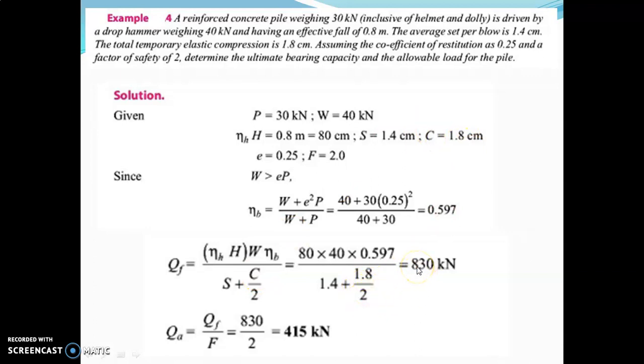So we'll get 830 kilonewton. So Qa, the allowable load, is equal to Qf divided by factor of safety. So that is 830 divided by 2, equal to 415 kilonewton. Like this you can calculate the ultimate bearing capacity and allowable load. Okay, this is the ultimate bearing capacity Qf, and the allowable load is nothing but Qf divided by factor of safety.